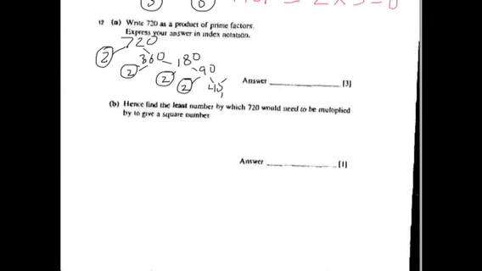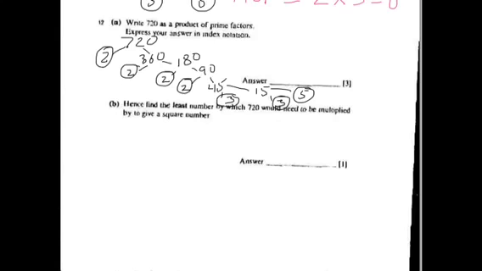I'm going a little bit sideways, but that's got to be now 3 times 15, and 15 is going to be 3 times 5. Sorry, it's a little bit messy there, but nonetheless we can see the solution.